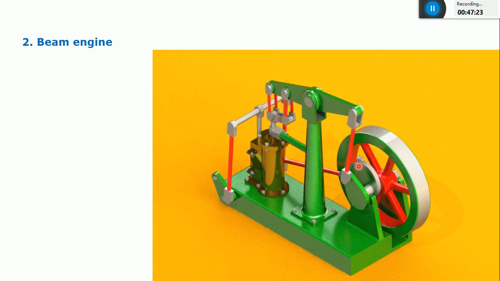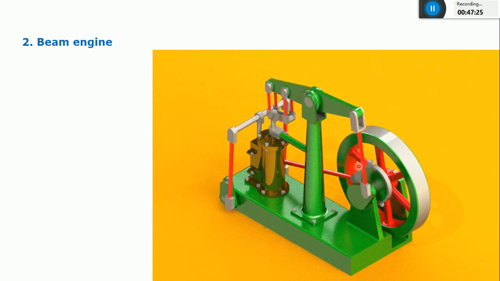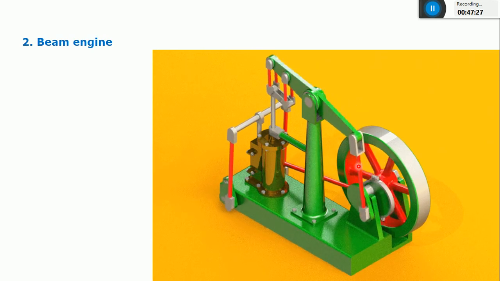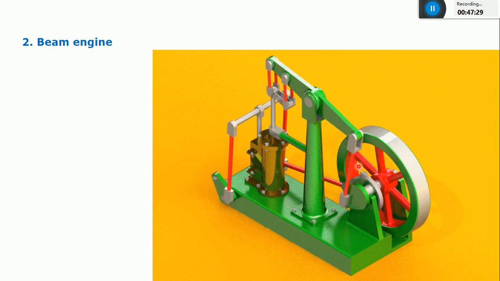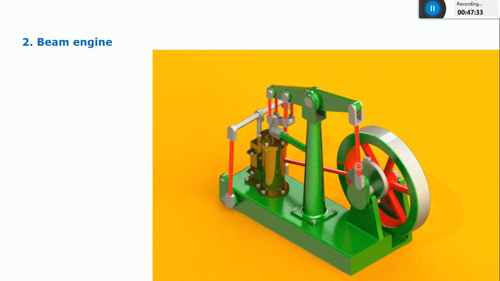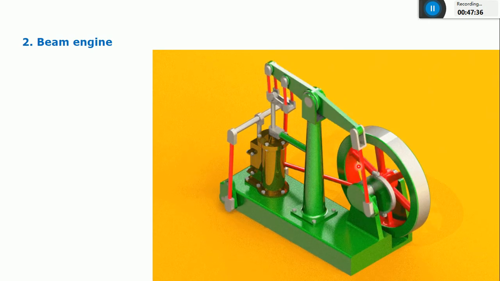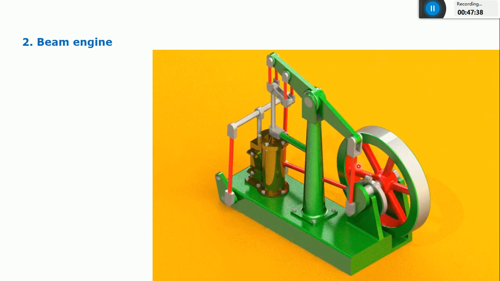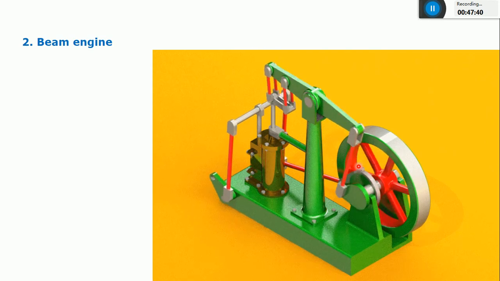If you want to run the steam engines, similar to IC engines, you need to generate high pressure steam. After boiling the water you'll get steam, but that steam has less pressure.